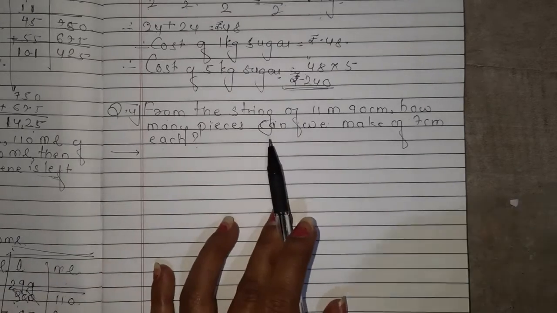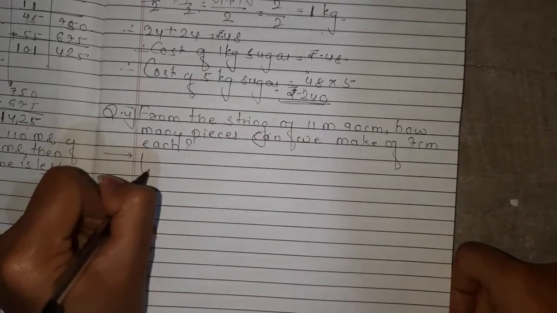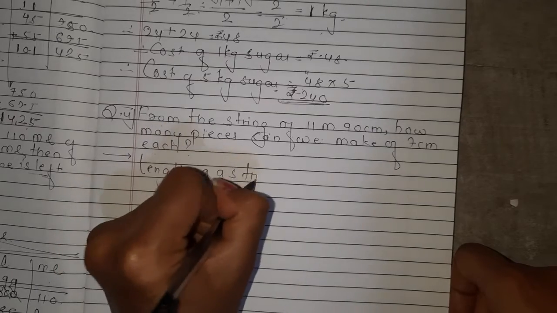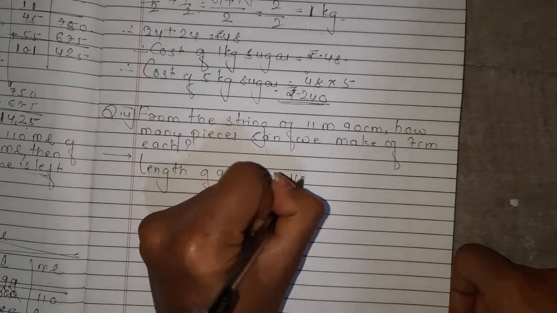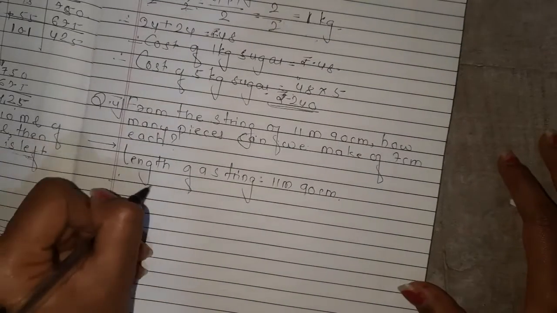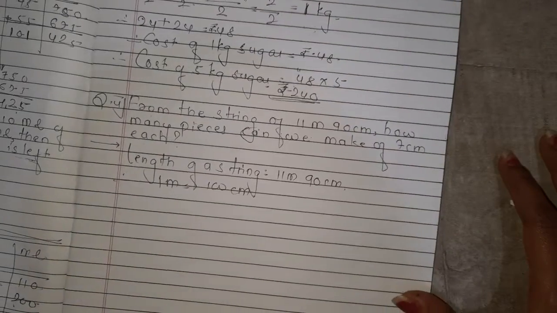Okay, so first what we will do, the length of the string they have given is 11 meters 90 centimeters. Now you know 1 meter is equal to 100 centimeter.